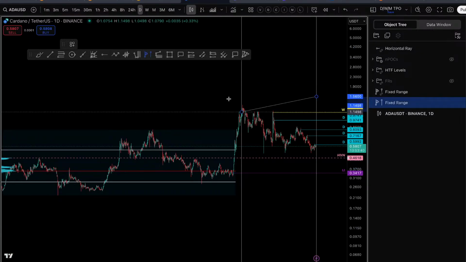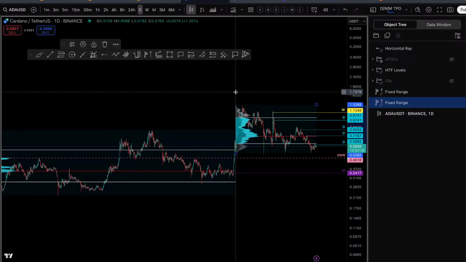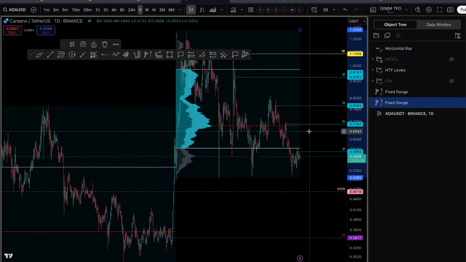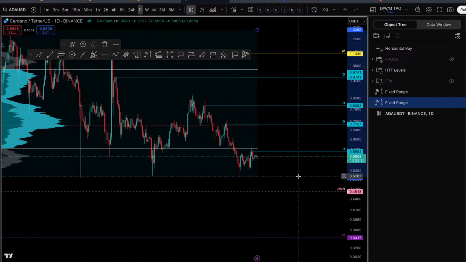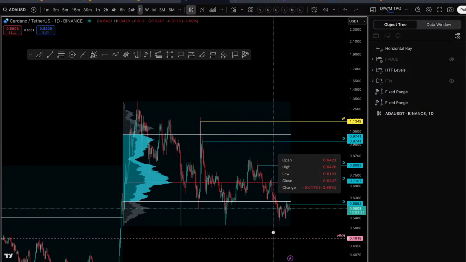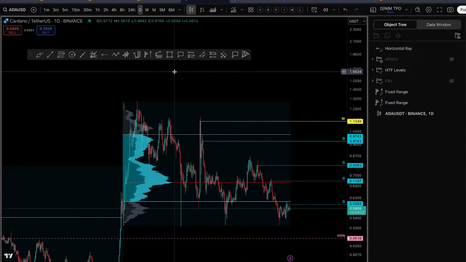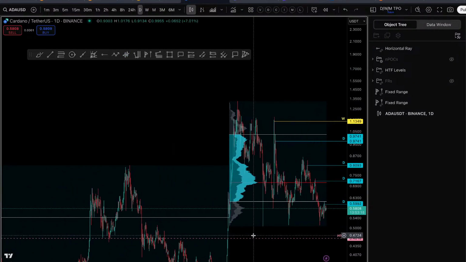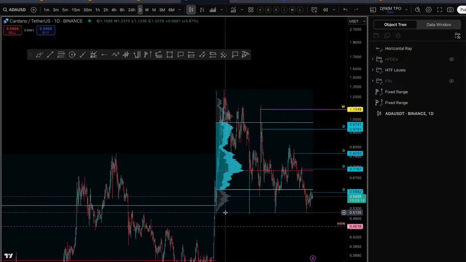Because I think we're below it at this point. Yeah, we're below it. So why not fall further? Why not go below? Ada is very surely looking like it's going to go down.